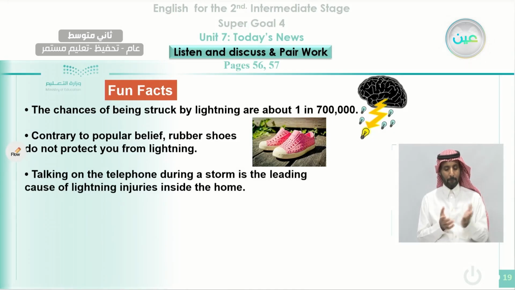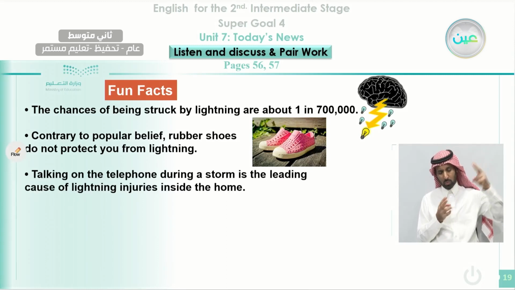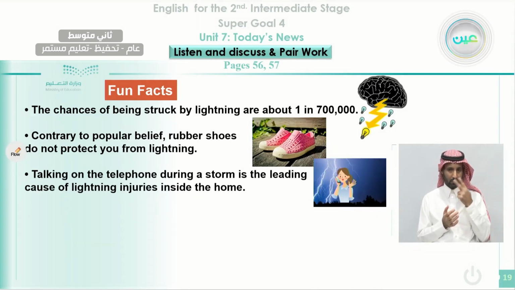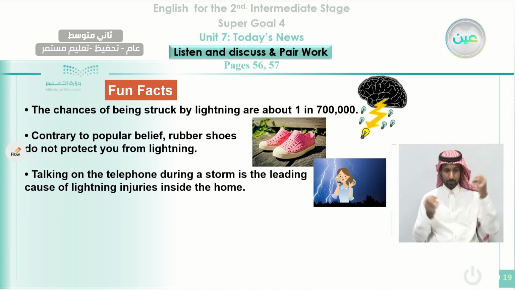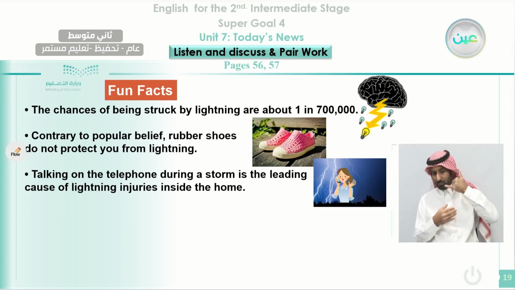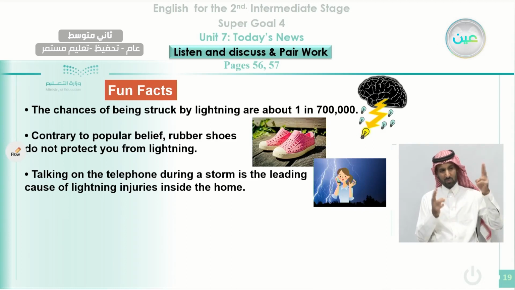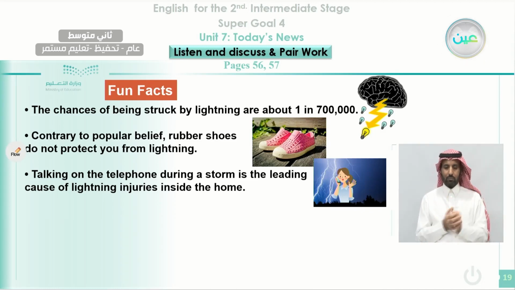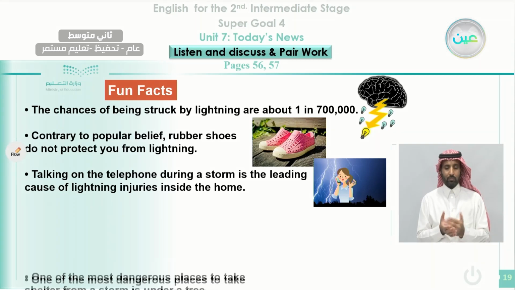Next, talking on the telephone during the storm is the leading cause of lightning injuries inside the home. So when there is a storm, when it is raining, you have to avoid using the cell phone, because sometimes there will be lightning and there might be electric current which goes to the cell phone directly, and it might make a big problem for the person who is using the cell phone.